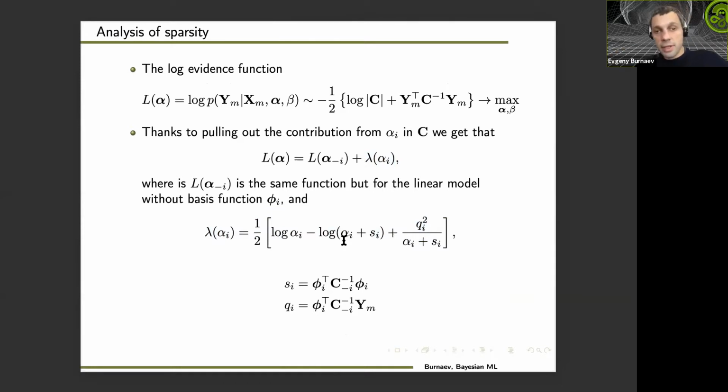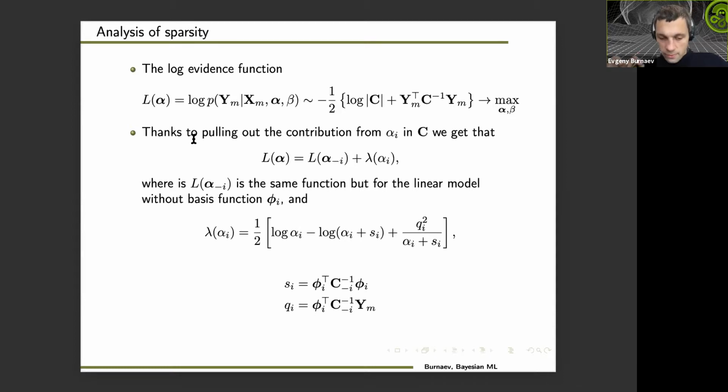This is very simple algebra. I'm not going to repeat it, but you can do it at home very easily. And so, what is the consequence of such representation?